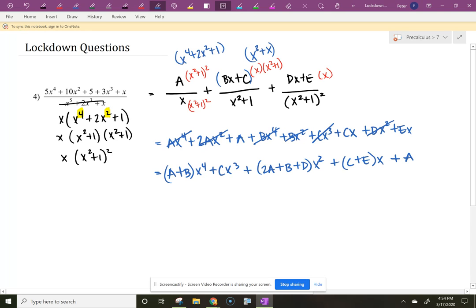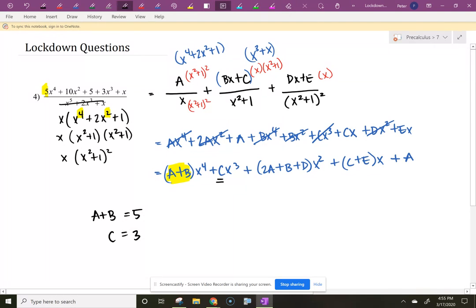What things do you know? You know that if you look on the other side of the equation, in front of x to the fourth is a 5. So that's a dead giveaway that A plus B is 5. I also know that C is whatever's in front of x cubed, in this case 3.